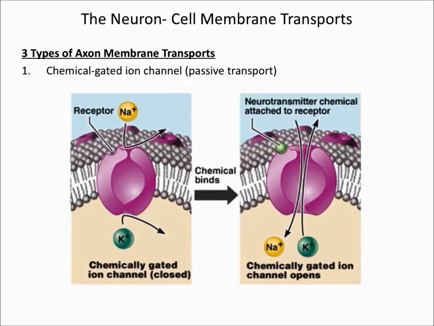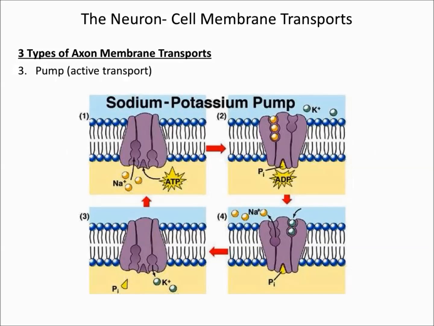A chemical-gated ion channel opens in response to the presence of a chemical, in this case a neurotransmitter. So when a neurotransmitter binds to a receptor, the channel opens, allowing substances to diffuse across the membrane. And finally, the pump, which requires energy, will transport substances across their concentration gradients to their resting locations.